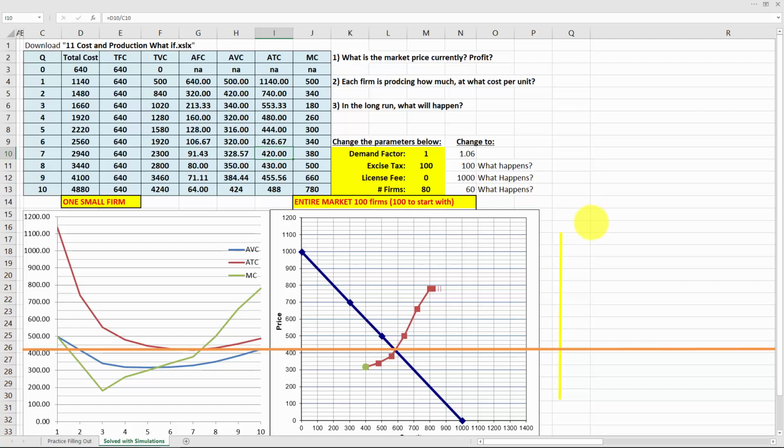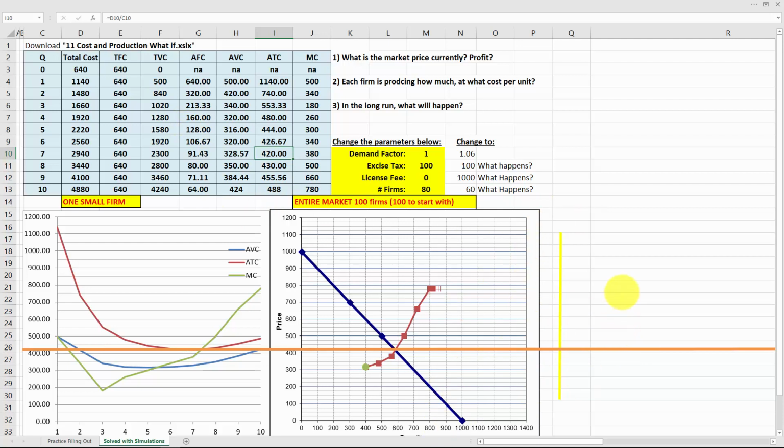So a tax like this has two effects. A short-run effect, where firms go from breaking even to losing money, and then a long-run effect, where some firms get put out of business and the price goes up even further so that firms can cover the entire cost of that tax. Now, the main reason why governments usually put in a tax like this is to give people the incentive to consume less.